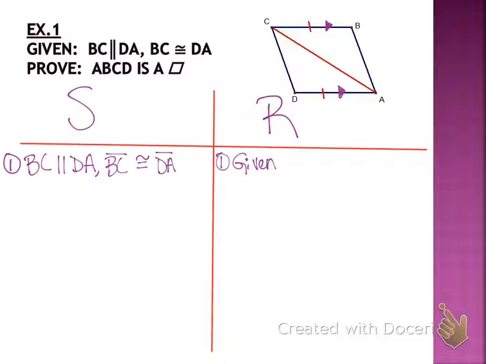All right, so I will give you a helpful hint that in order to show that ABCD is a parallelogram, we're going to end up using the definition of parallelogram. What does the definition state? What's the definition of a parallelogram?